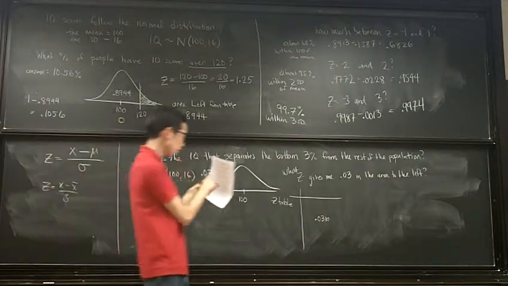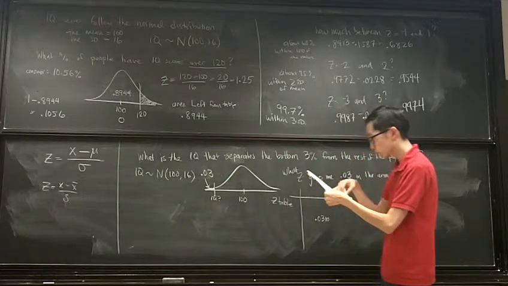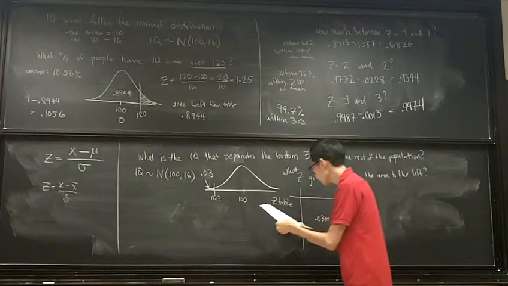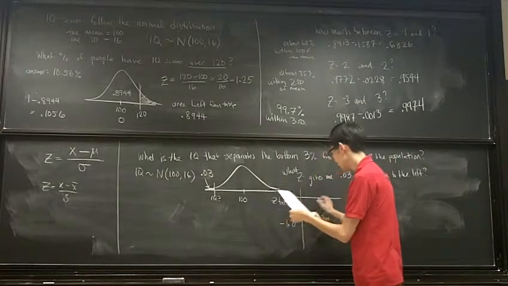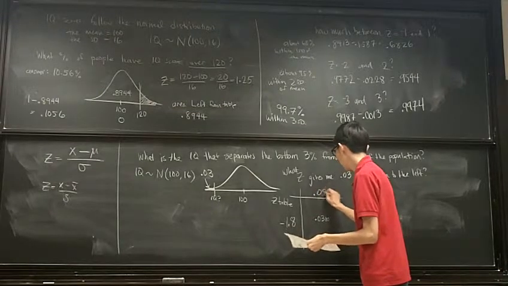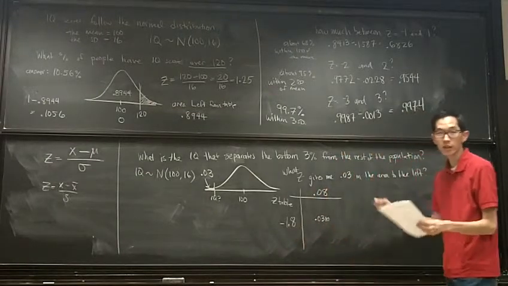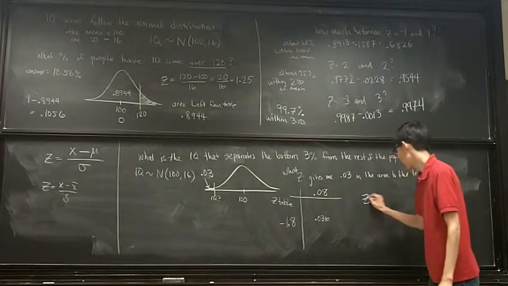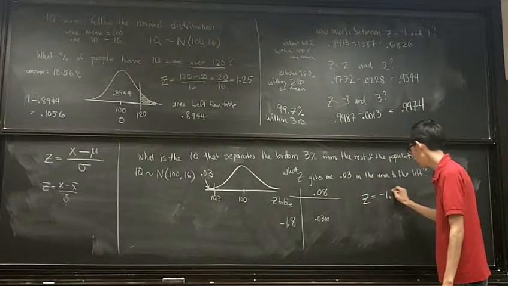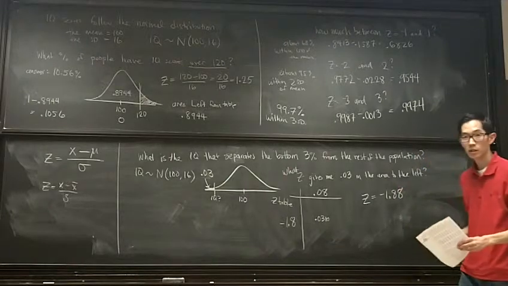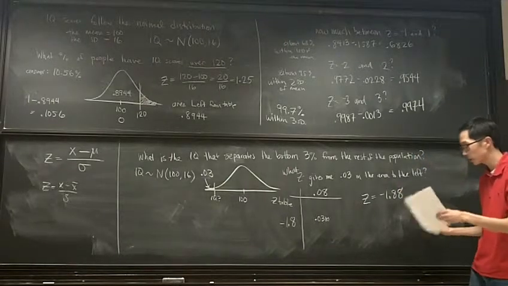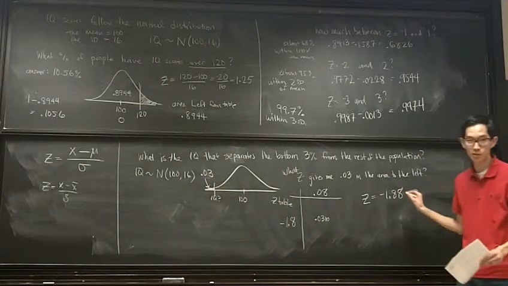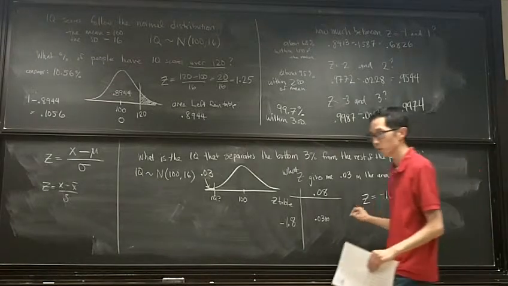And the number that gives me closest to 3% is negative 1.88. It's not exactly 3%, but it's pretty darn close. So z is equal to negative 1.88, and that gives me an area of 0.0301, which is pretty darn close to 0.0300.